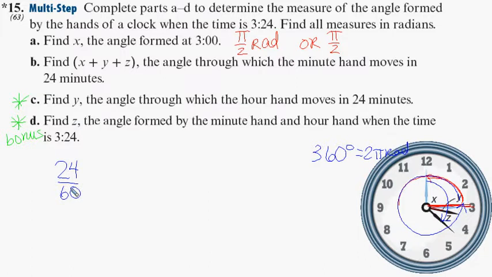So find the angle. What they're asking us to find is this angle right here. What is that? Well, it's 24 sixtieths of the whole circle of 2 pi radians, okay? So that's just a matter of finding, and you can add the radians there, but that's not going to change anything because our final answer is going to be in radians anyway. So let's cancel this. We get 30.